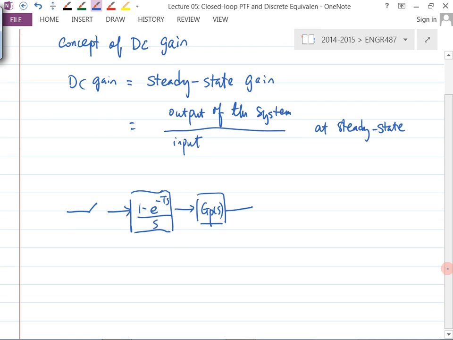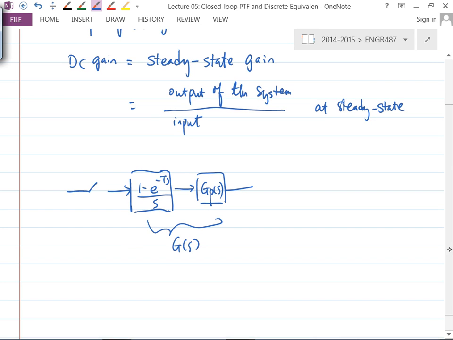So it's a pretty simple system. Together we can call it G of S, right? And we have an input, let's say a unit step function, then we have an output.